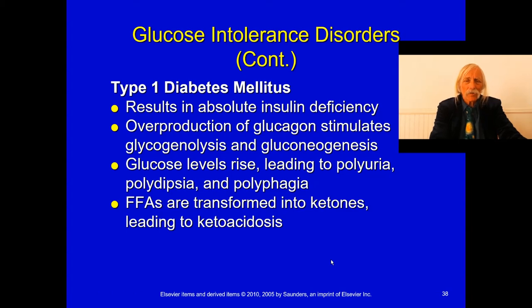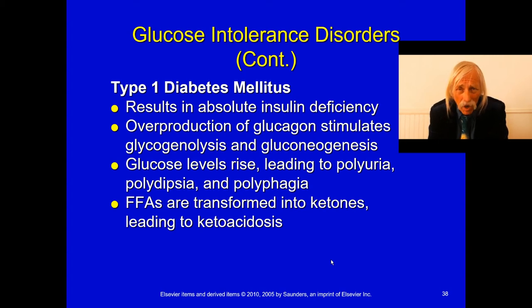So the result is finally, of course, you get insulin insufficiency, so you have to take insulin in. The overproduction of glucagon without insulin counteracting this will stimulate more glycogen breakdown and more glucose synthesis from non-glucose intermediates. So you're going to get glycogenolysis and gluconeogenesis.